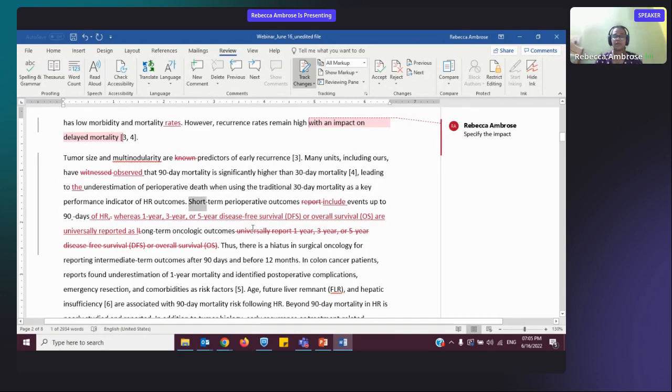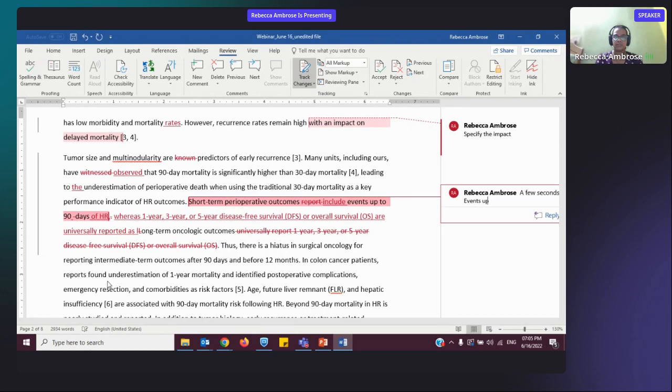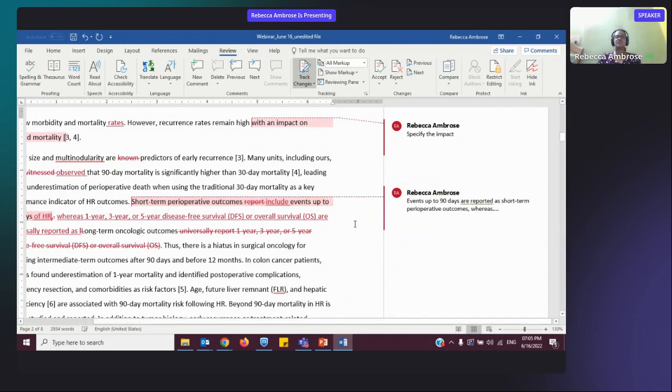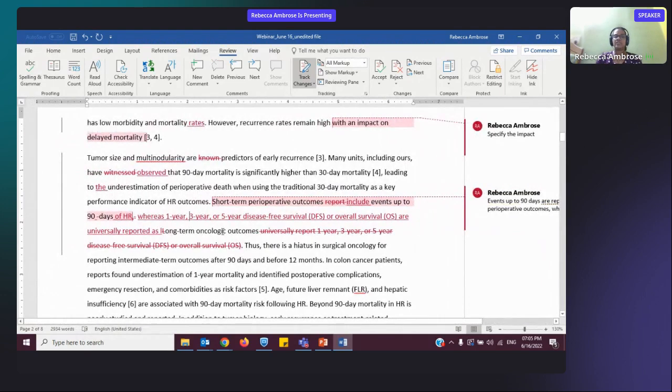Because we have phrased the sentence like this, it can also be phrased like this: events up to 90 days are reported as short-term perioperative outcomes. Then you can say, whereas 1 year, 3 year, or 5 year disease-free survival or overall survival are universally reported as long-term outcomes. So we can edit both ways. We can give the author the option of choosing what he prefers.